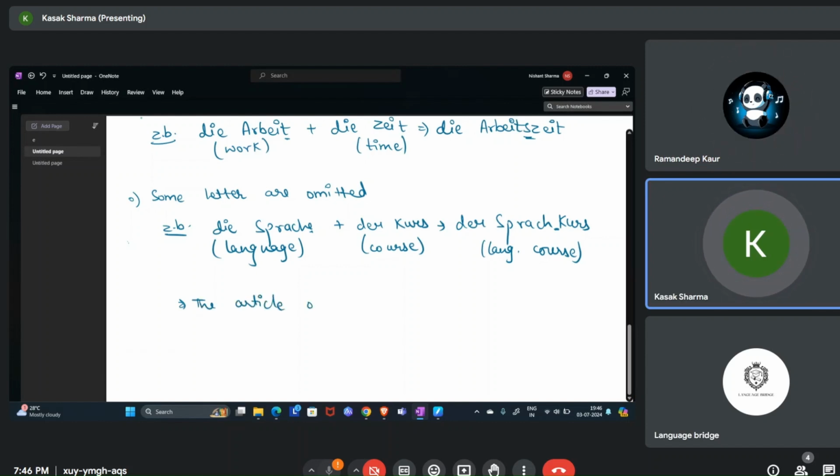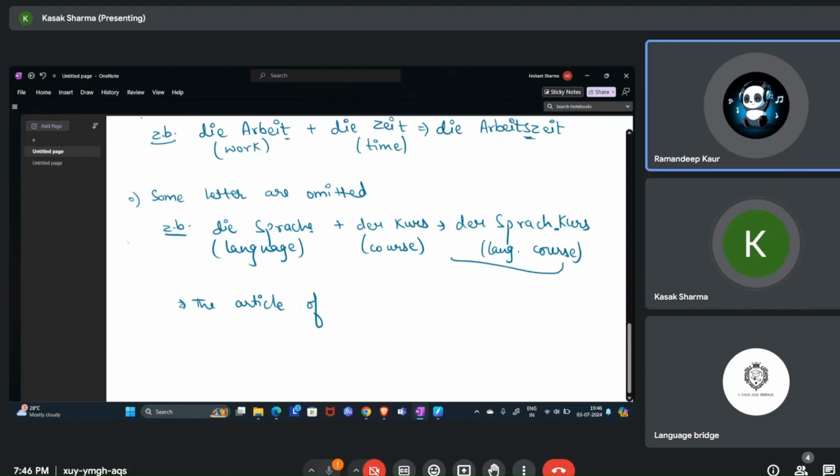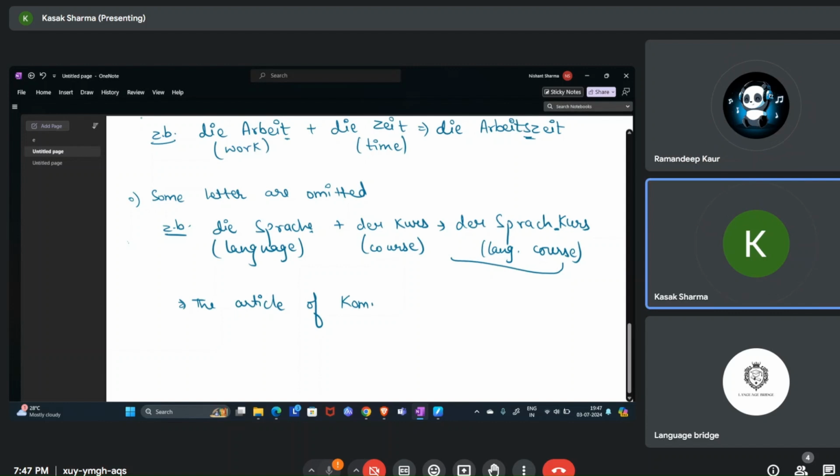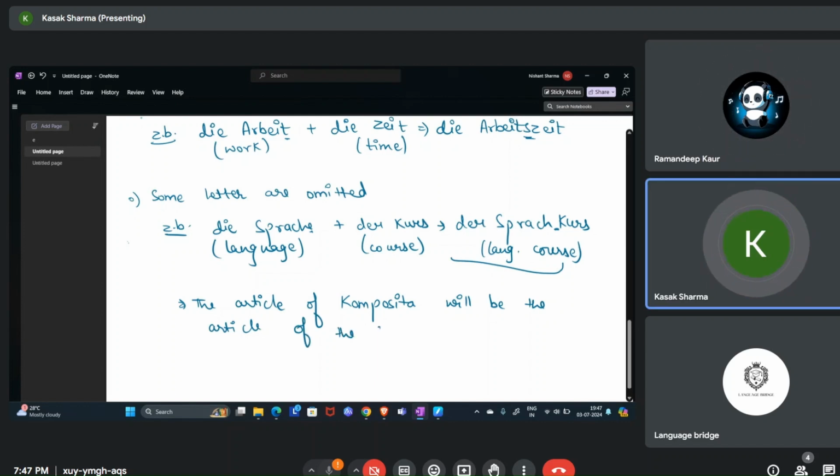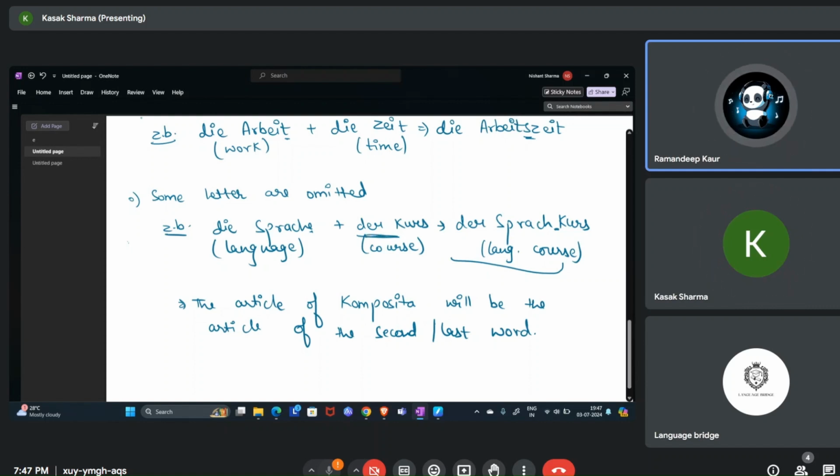Now, the word that we are forming by combining two words is known as composita. The article of the composita will be the article of the second or last word. What does the second or last word mean? The second word that we are combining.